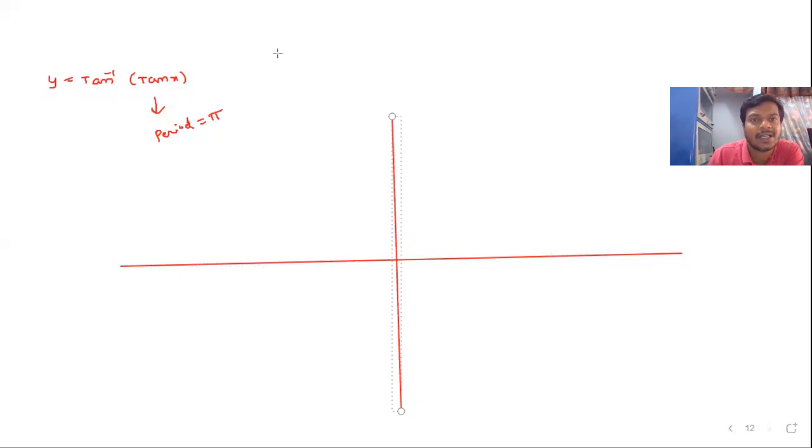So first draw the graph in the interval 0 to pi and then extend. 0, pi by 2, pi, next 3 pi by 2, and then 2 pi. At pi by 2 there is a gap, and at 3 pi by 2 also. For all odd multiples of pi by 2 there is a gap, right?